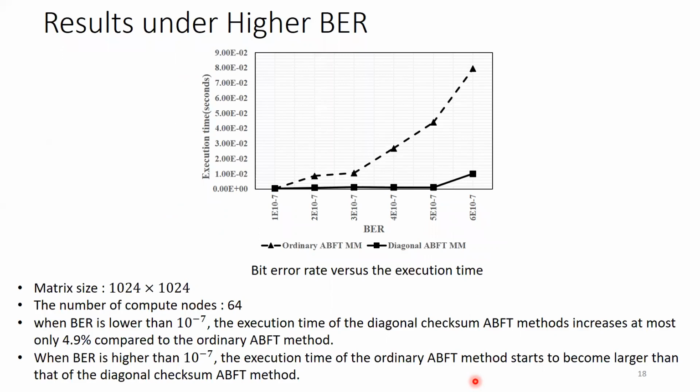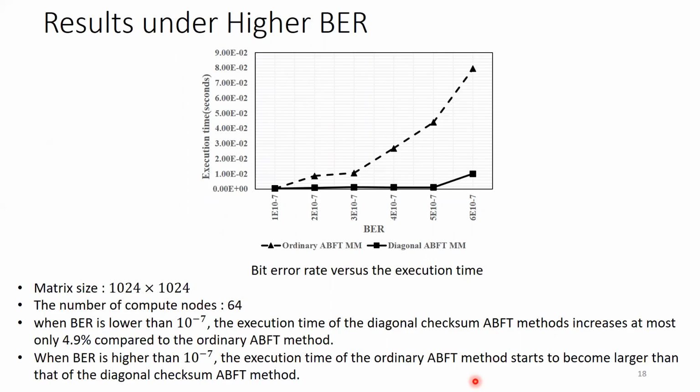This figure shows the execution time of matrix multiplication under different bit error rates. The matrix size is 1024 by 1024. The number of computer nodes is 64.